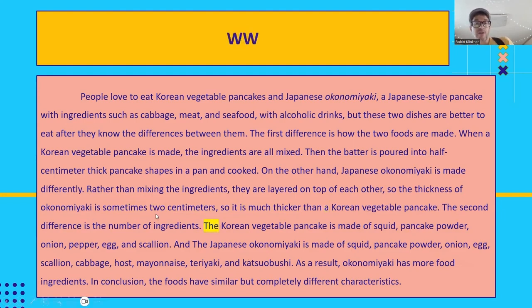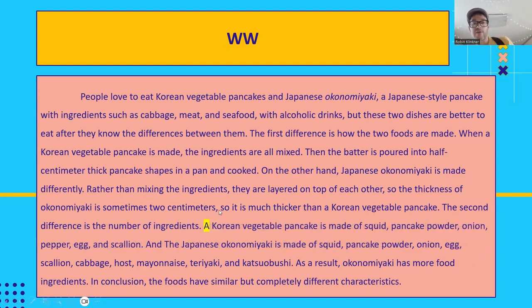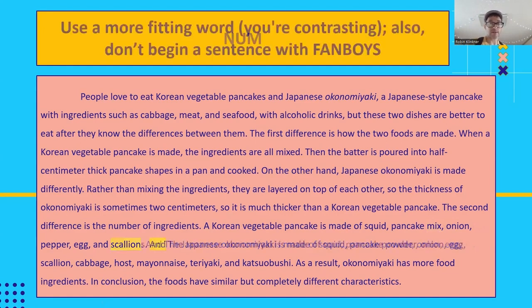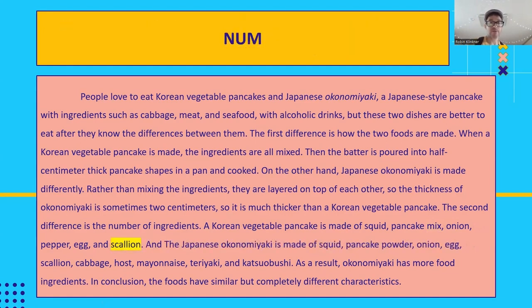The second difference is the number of ingredients. Once again, the sounds like it's referring to a specific one. A Korean vegetable pancake is made of squid, pancake powder. Powder is just wrong. We say mix in English, pancake mix, onion, pepper, egg, and here we could say scallions. So number, NUM is number.